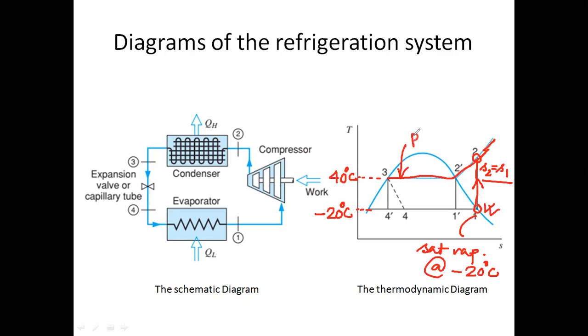So the pressure here, that is P2, is nothing but P sat at 40 degrees centigrade, because this is a saturation line and pressure everywhere from 3 to 2 is the same. Therefore, at point 2, the entropy value is known and the pressure is known.